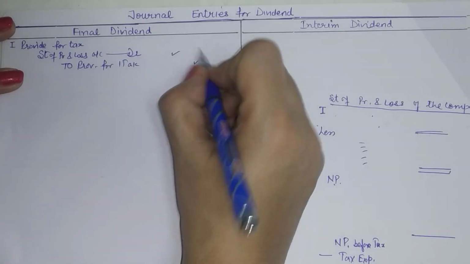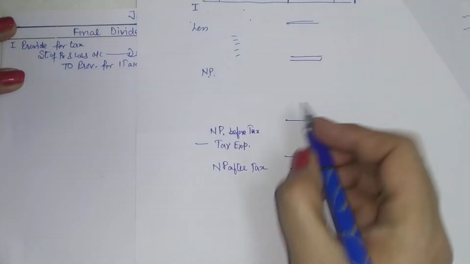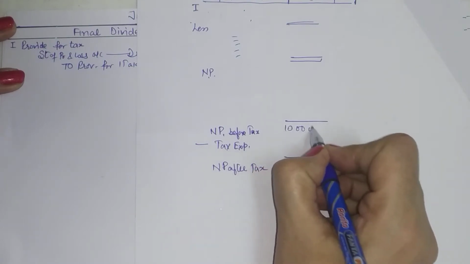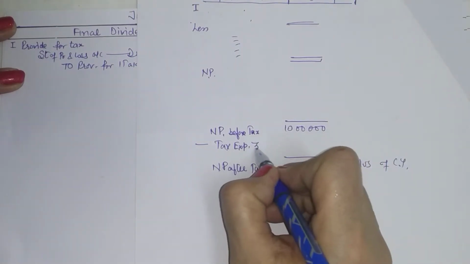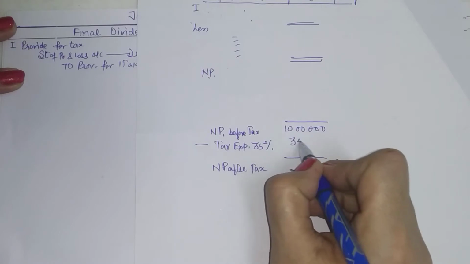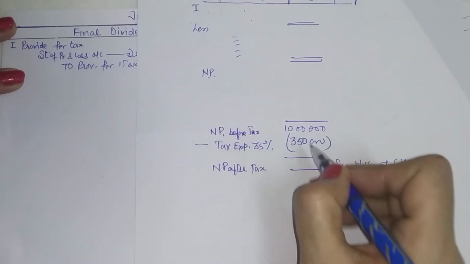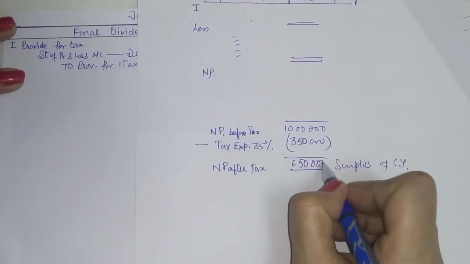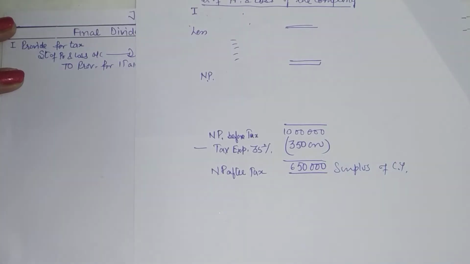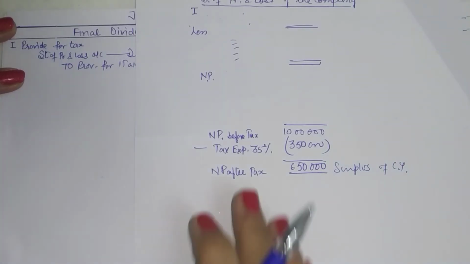So you create provision. So maybe you have, say, net profit of 10 lakh and you fall in tax bracket of 35%. So 3,50,000 will be deducted. Now you are left with the profit of 6,50,000, which is your current year surplus, which will then be added in the surplus account.